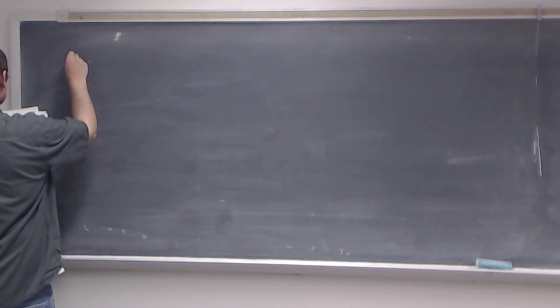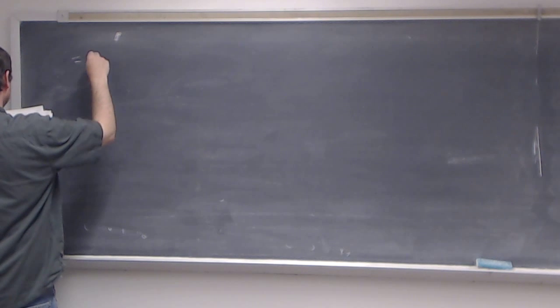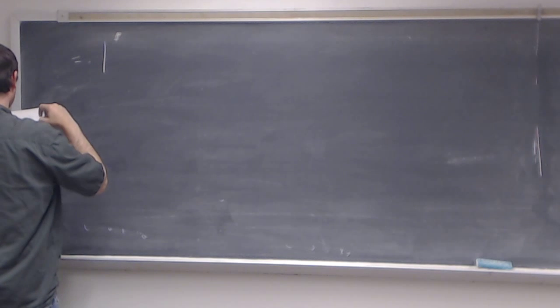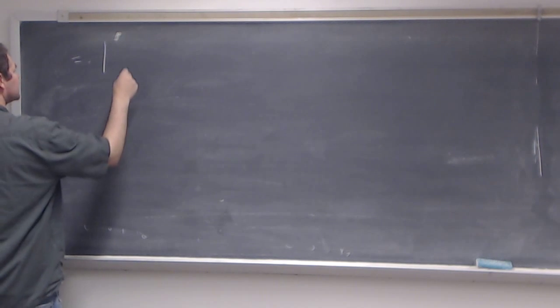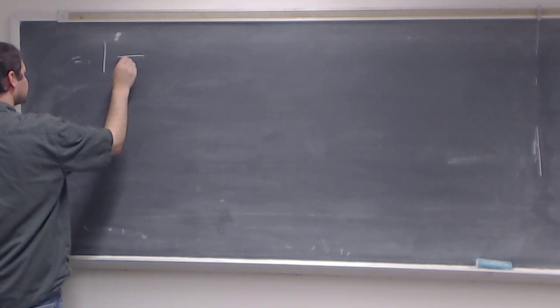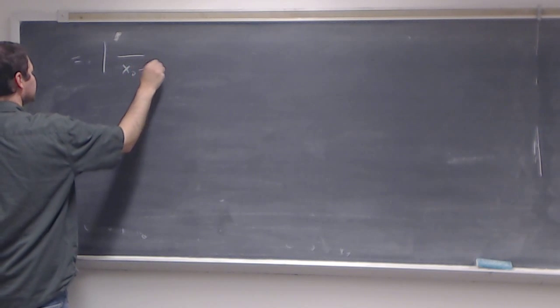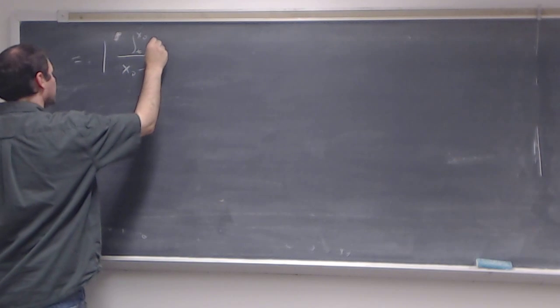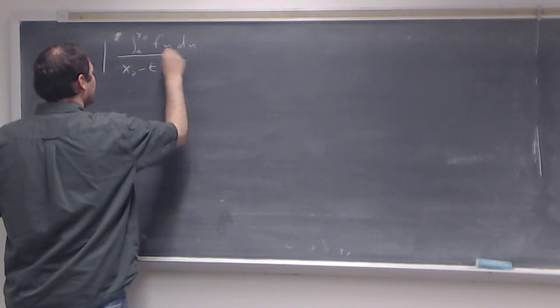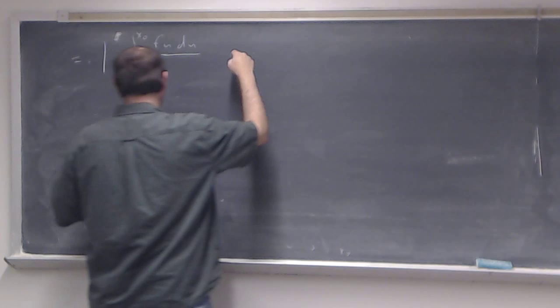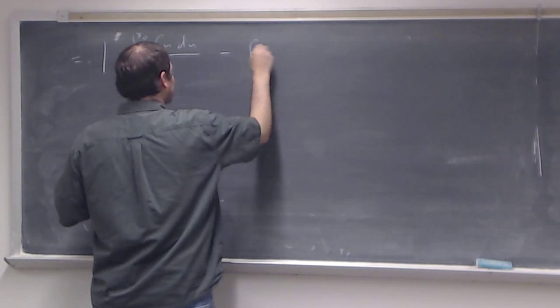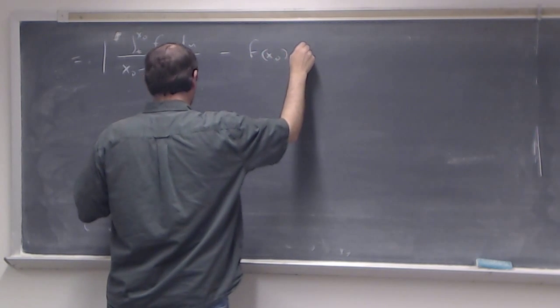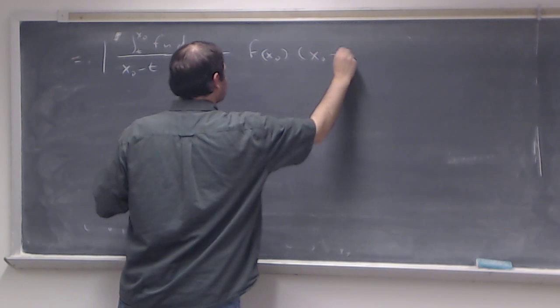Okay, and that's going to be equal to, if you will, the absolute value. If we apply that minus sign to the bottom, we're going to have x₀ − t. Here's the integral from t to x₀ of f(u) du, and then getting the common denominator of x₀ − t, this will be minus little f(x₀) times the quantity x₀ − t.